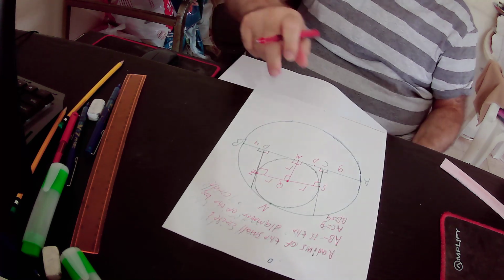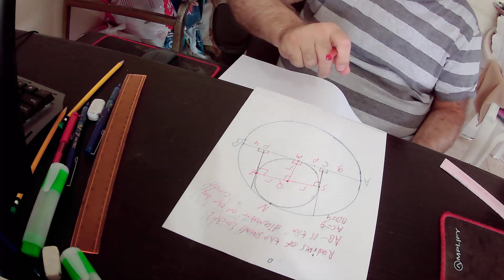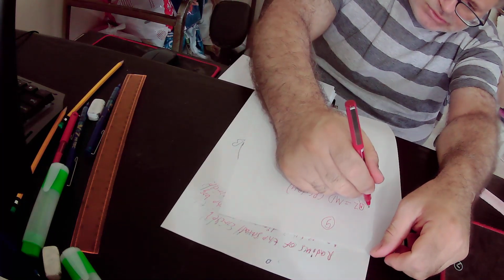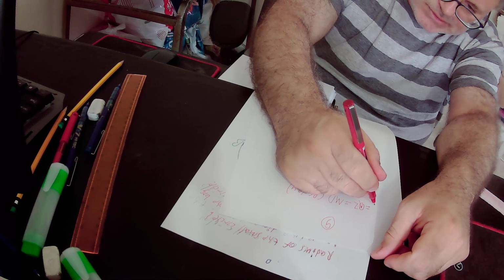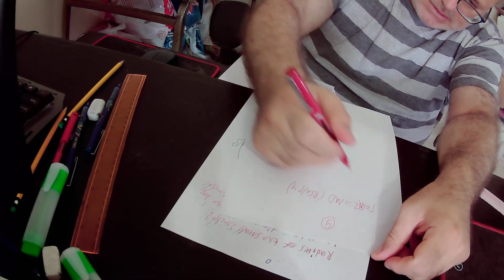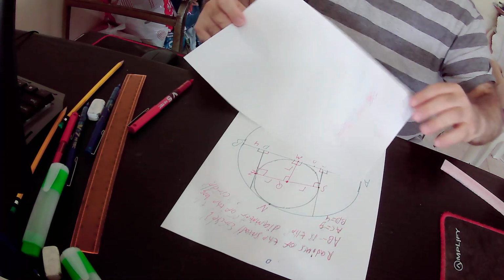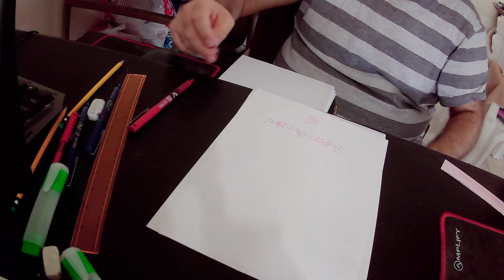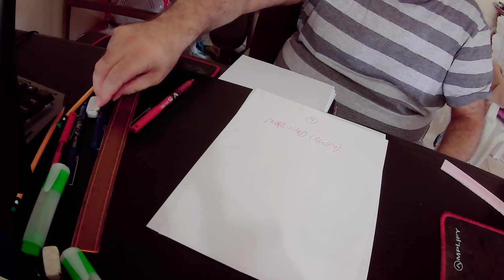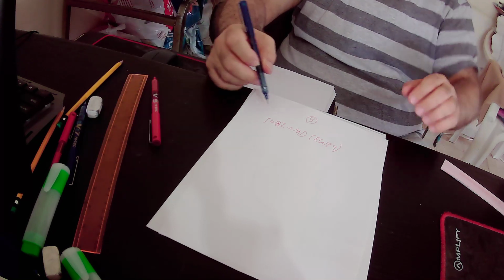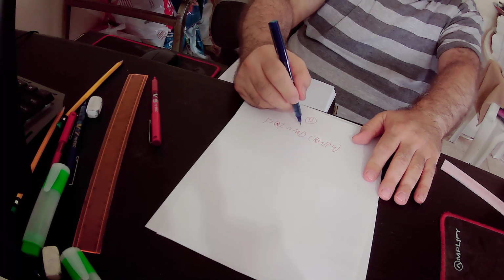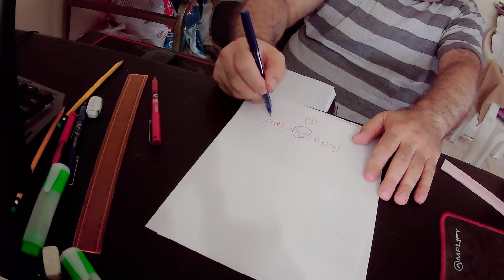But QZ is the radius of the small circle, so QZ equals small r because it is the radius of the small circle. From this equality we can deduce that MD equals r.